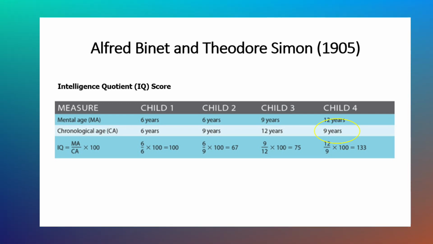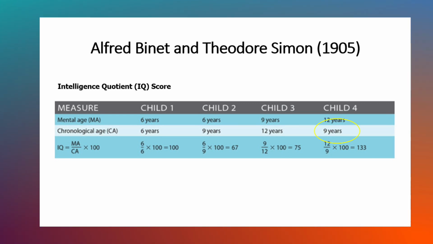I say average because these test scores are compared to the age cohort as a whole. It's not one single child of that age, but the average of all the children of that age.